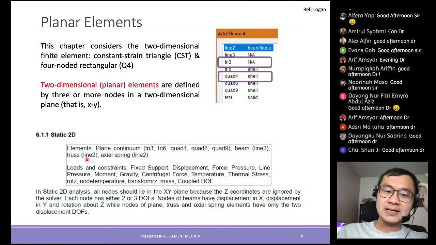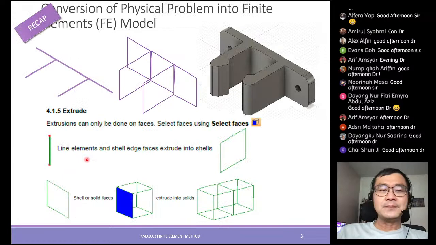The only difference between what we learned for the beam, the one-dimensional element, and the two-dimensional element is that there is a consideration of the area within the element itself.